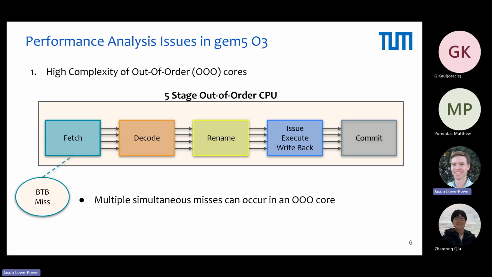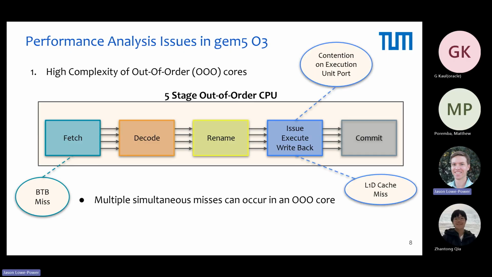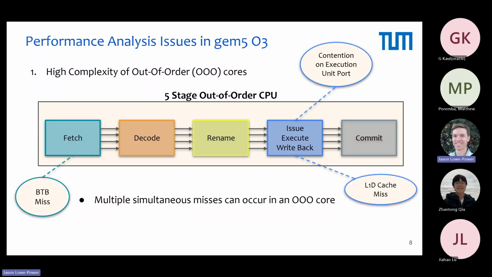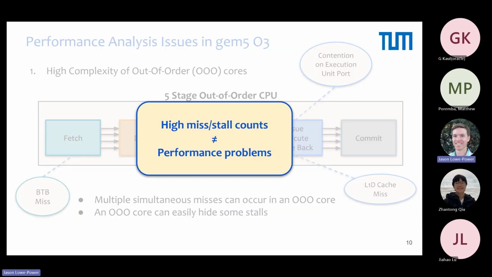For example, there might be a BTB miss in the fetch stage, an L1D cache miss, and a contention on an execution unit port in the execution stage, all at the same time. However, an out-of-order core can easily hide some of these stalls by simply working on other instructions. Therefore, a high miss or stall count does not necessarily reveal a performance problem on that stall.